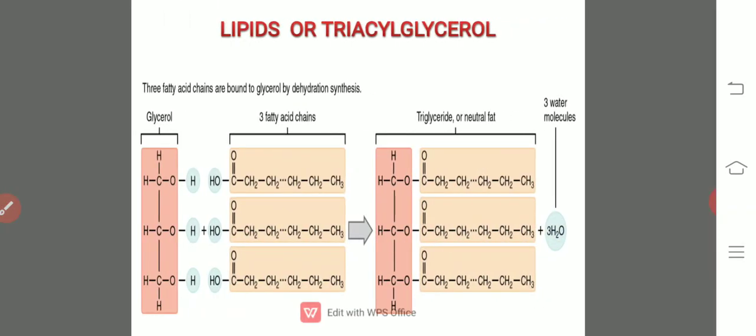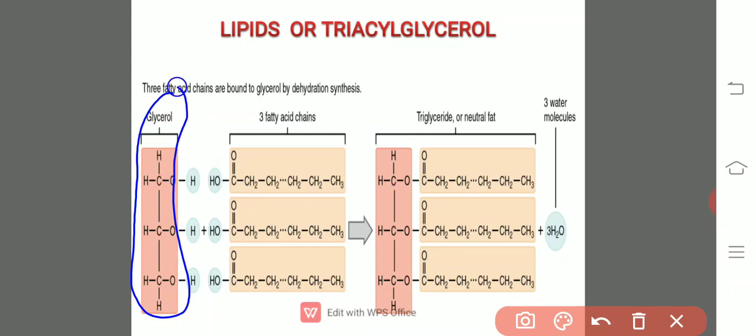See the structure. Here it is a glycerol molecule, and these 3 are the fatty acid chains.